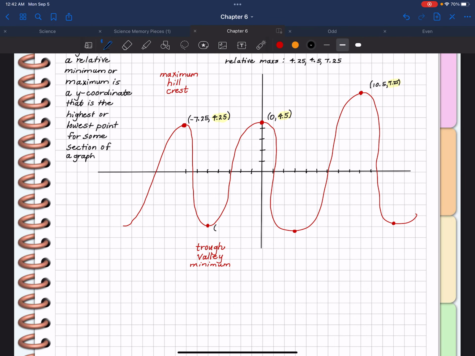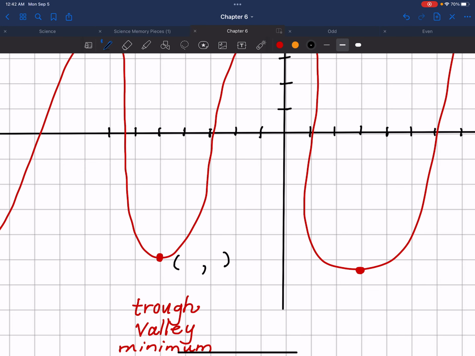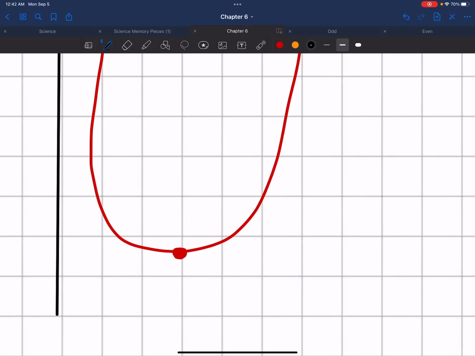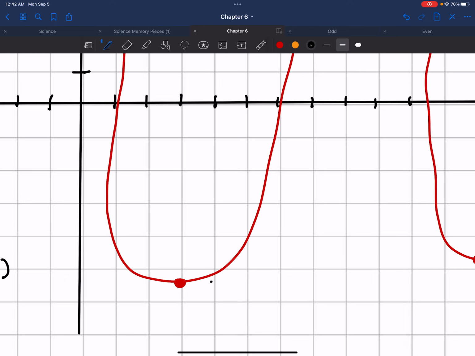And then the relative minimums, let's go ahead and calculate those. So this one is back 5 and down 5. This one is 1, 2, 3. It's over 3.